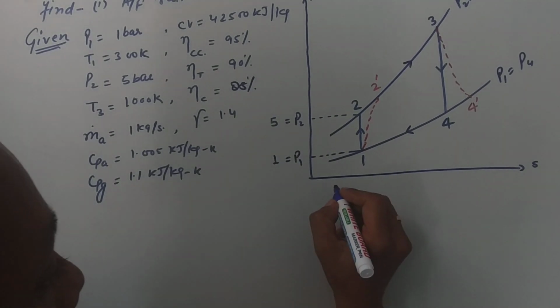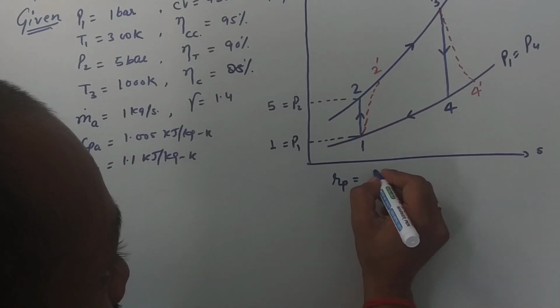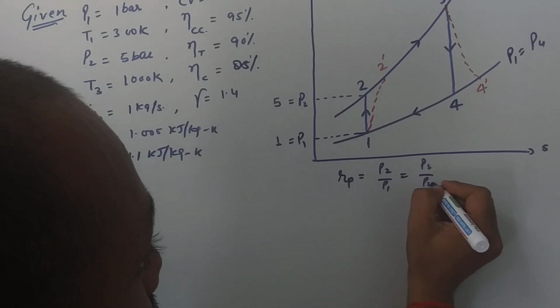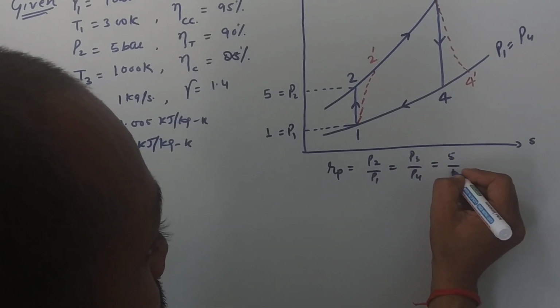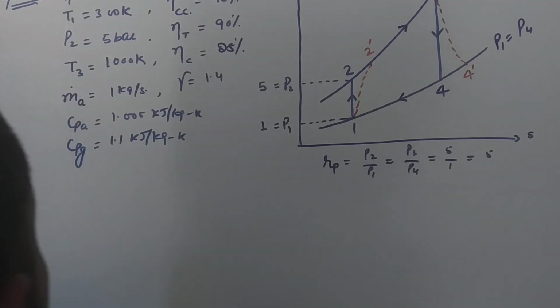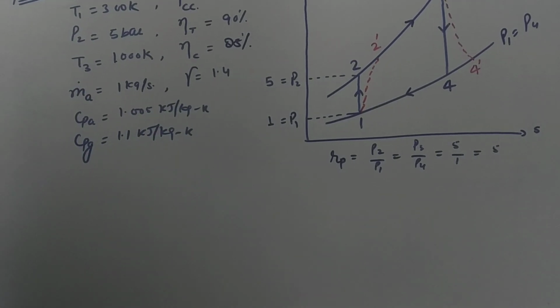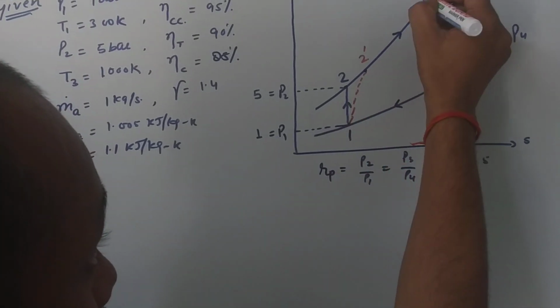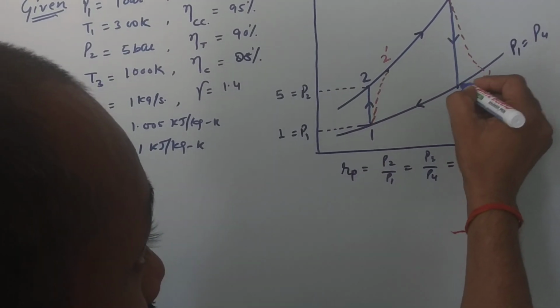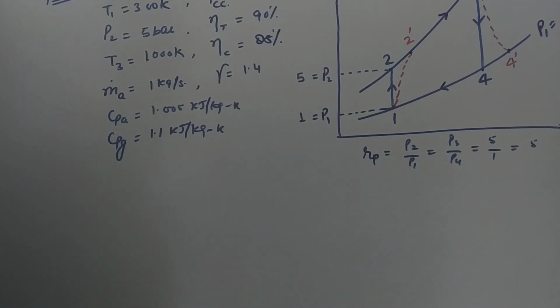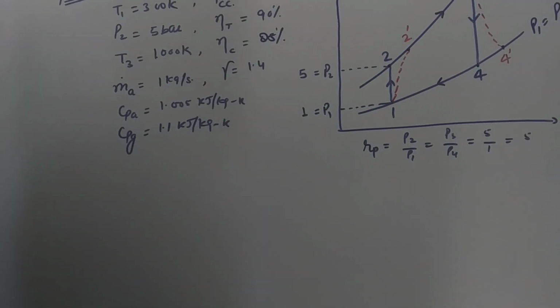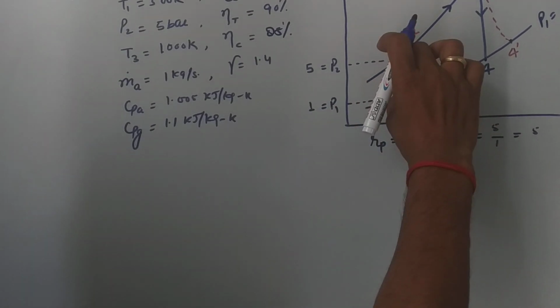So the pressure ratio Rp is P2 by P1, equal to P3 by P4, equal to 5 divided by 1, which is 5. Now we have to calculate temperatures at points 2, 2 dash, 4 and 4 dash.